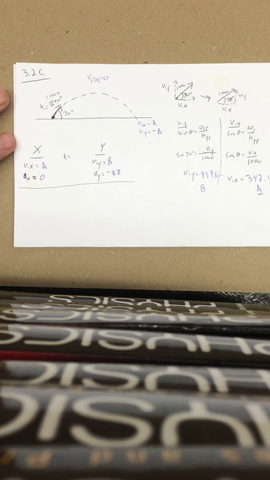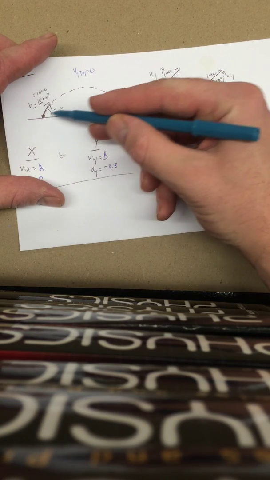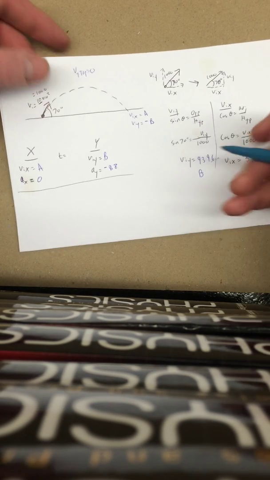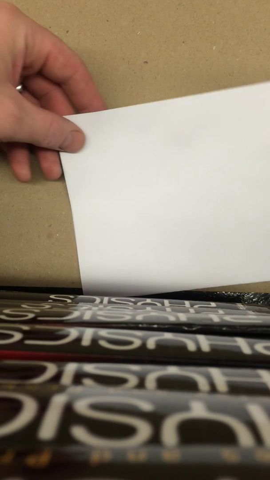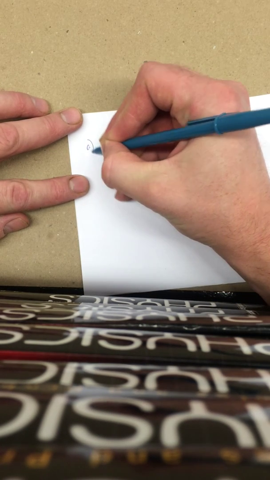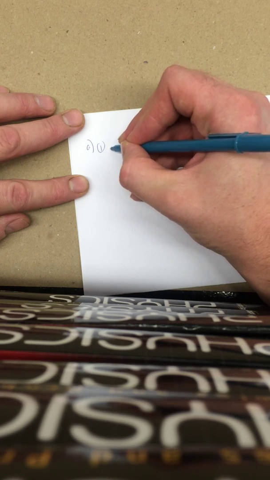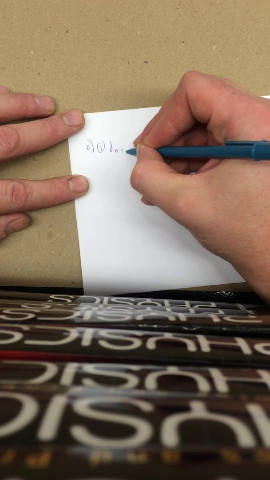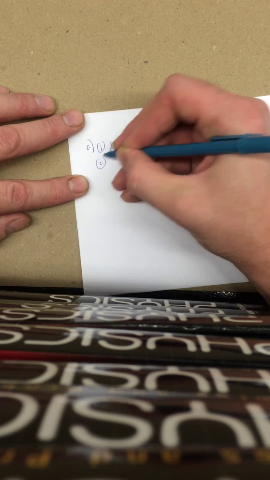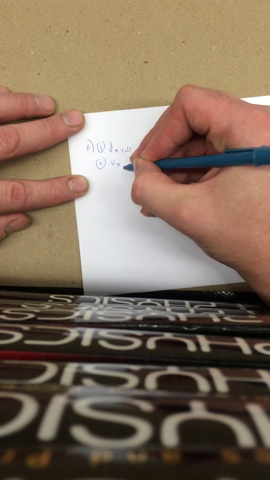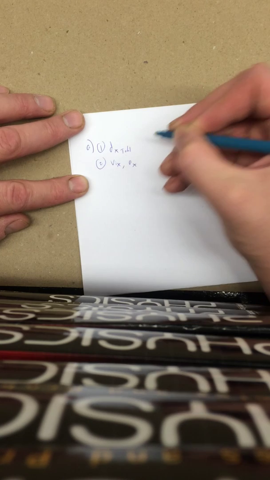So the first problem asks us to solve for the horizontal distance, it says the total range. So we want to figure out the total horizontal distance this way. So in order to do that, we're going to do step A. Number 1, part A, step number 1, we're trying to solve for dx, total. Step 2, our givens are, we have VIX and AX.